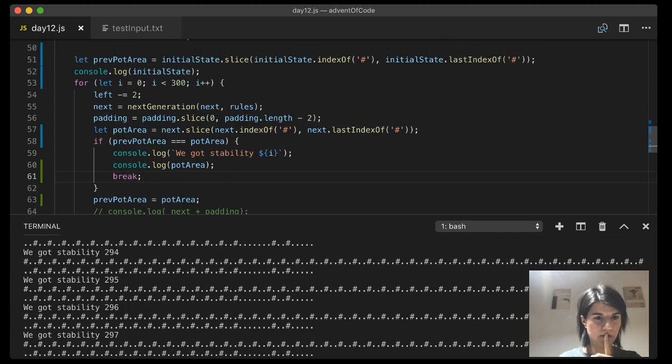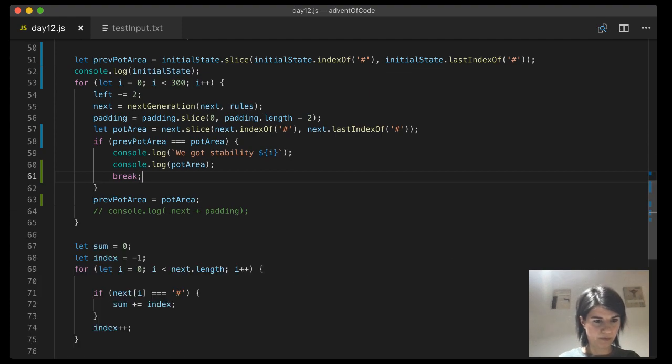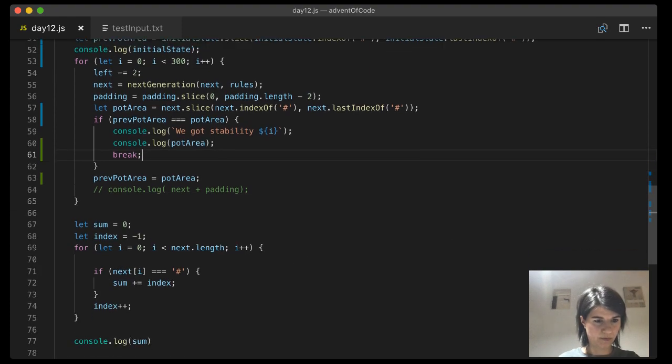Oh, but if we're breaking out, we have no idea where we are. Because before I was running it this many times, but now we're breaking out. So we don't really know where we are.